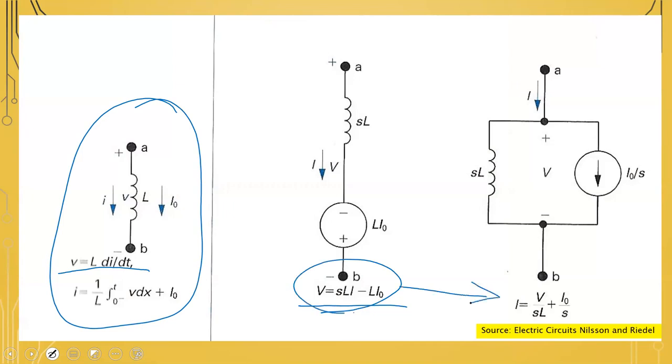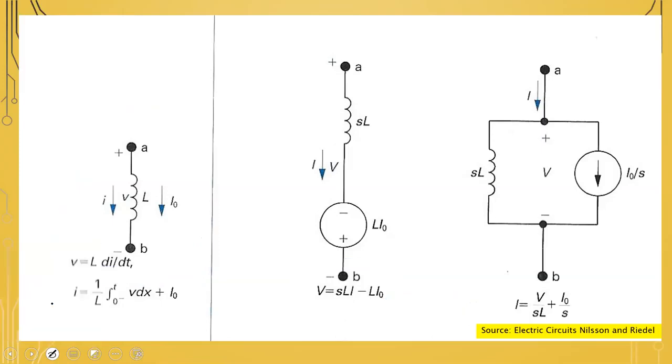However, from this expression, I could have had this, which would have given me that. So there are different ways we could have arrived at the same thing.